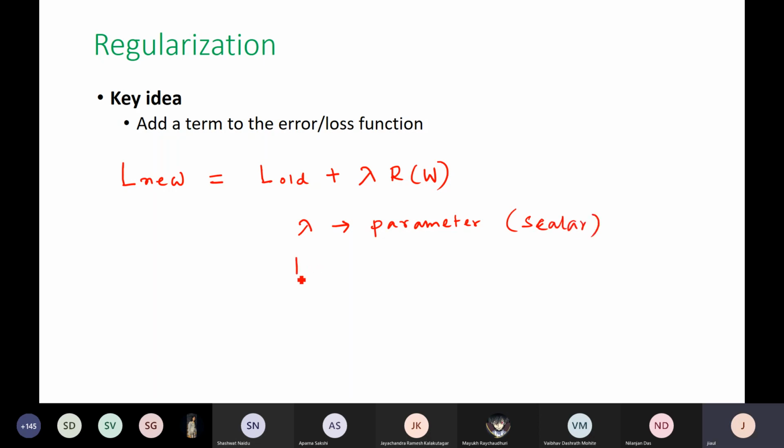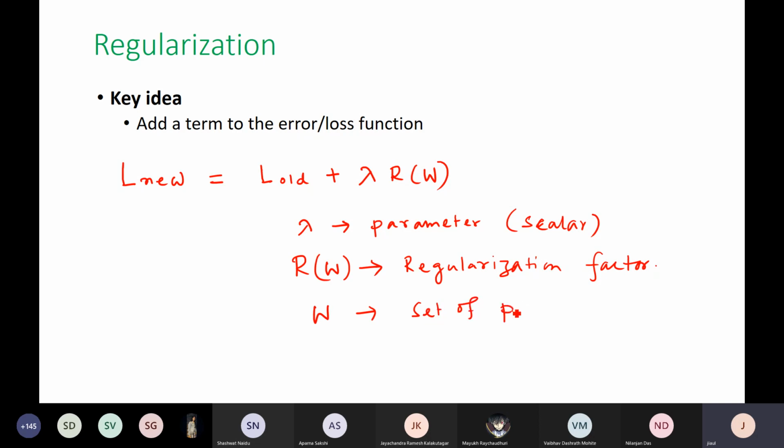And R of W, and I'll come to the actual expression in the next slide, is called the regularization factor. W here you can think of as the set of parameters that you have. If you think about a neural network, then W could be all the weights and biases. That is the general formula.